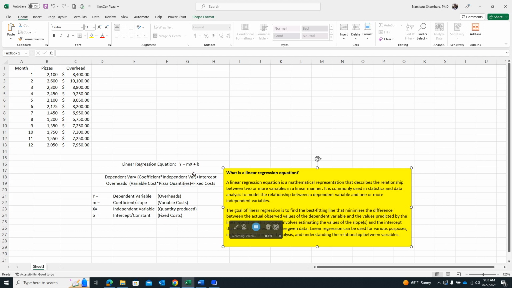So now that we have brought the equation down to earth to where our problem is, now we can try to figure out how we can use Excel to find the quickest way to solve this particular problem. You'll be surprised that Excel can really simplify this. So Excel can simplify this by generating what we call a scatter graph.